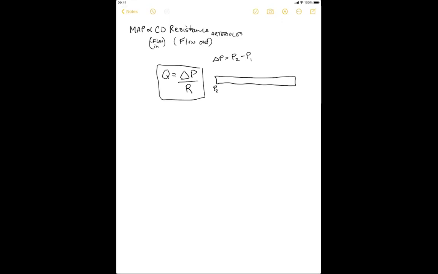So we have our pressure in, we'll say, the aorta, compared to the pressure at the very end of the circuit, which is the pressure in the large veins that are returning blood to the heart, or the pressure in, we'll say, the right atrium, or the central veins.